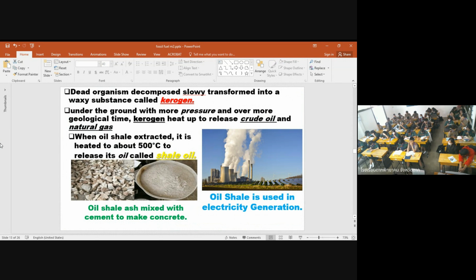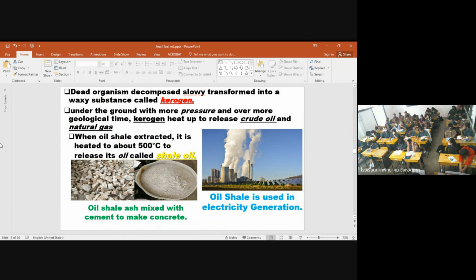For example, when you build a building or this room, we use the ash mixed with the cement to make concrete. So this is the example. Imagine, oil shale also produces ash to make concrete.